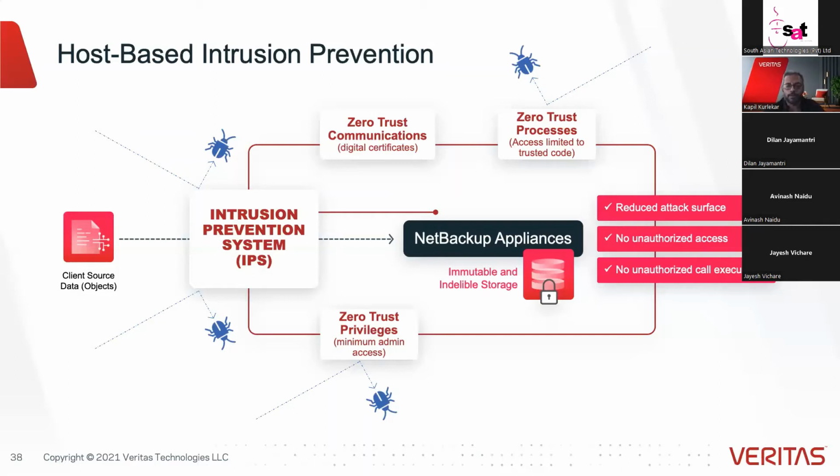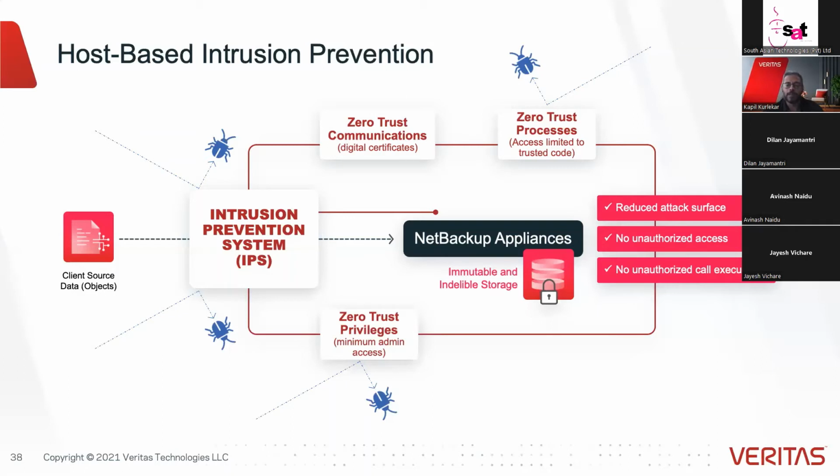For example, if a client or other system doesn't have a valid digital certificate, then NetBackup will not allow it to communicate with NetBackup at all, right? So unless and until you have proper certificates and tokens, you're not allowed to talk with NetBackup. At least the servers, the systems are not allowed to talk with NetBackup.